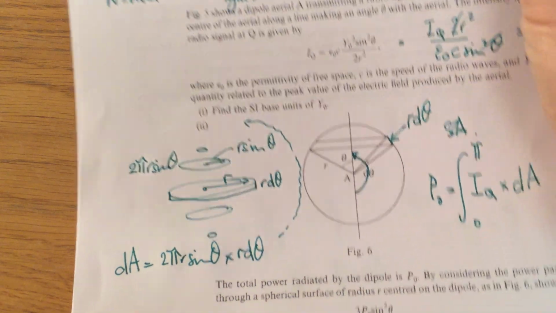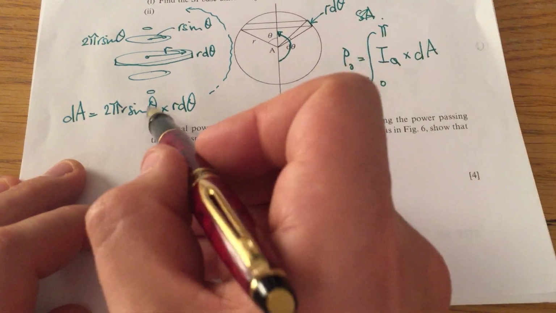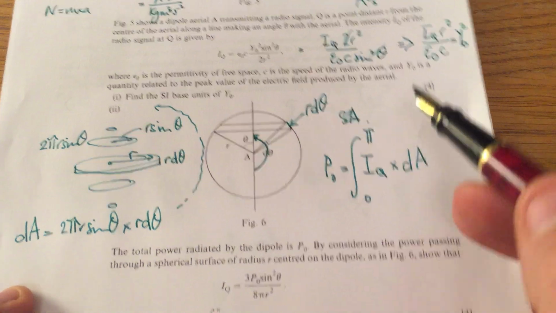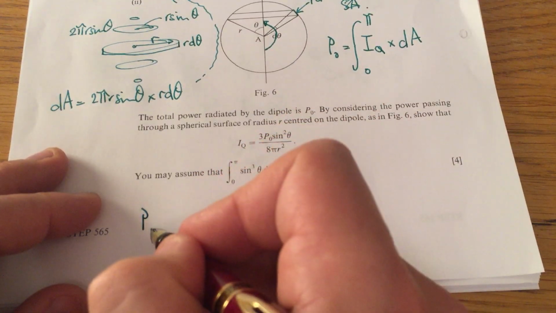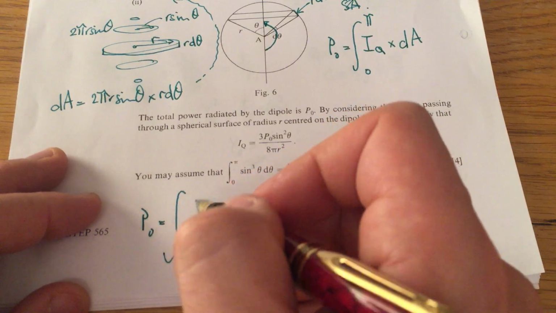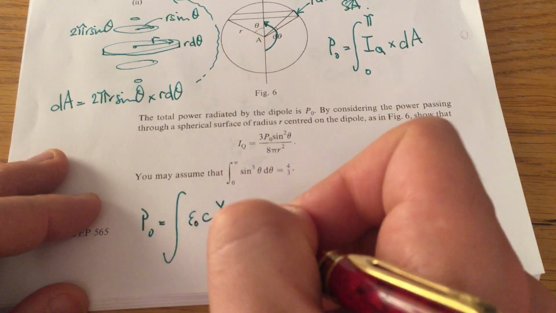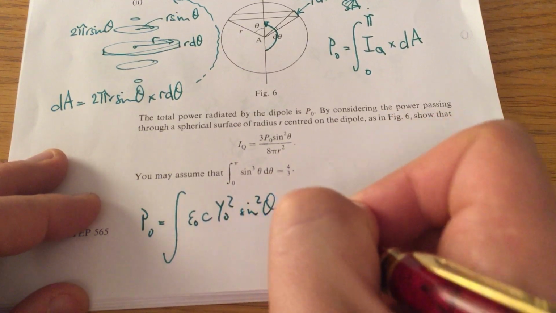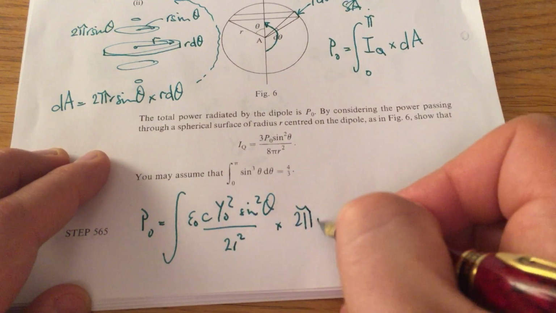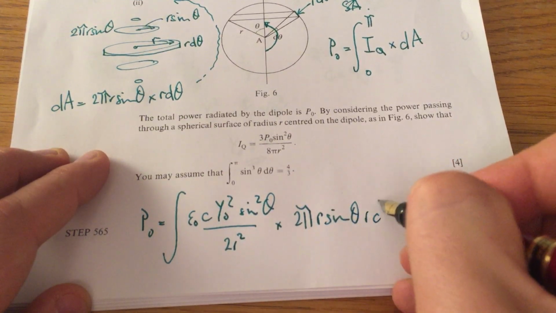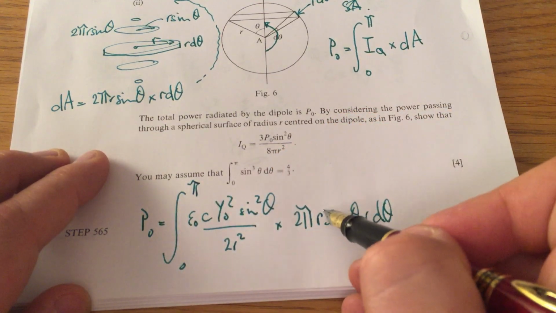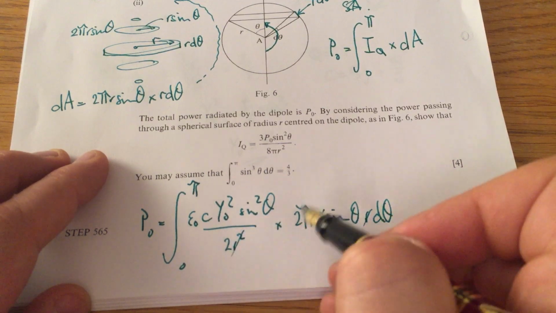Let me just write down the entire equation then. So I need to substitute this here into there, and obviously this I have already there, so I put them all together. So P naught is going to be the integral of, let's write this all down, E naught C y naught squared sine squared theta over 2r squared, multiplied by 2 pi r sine theta, r d theta, between 0 and pi. Luckily, these cancel out with that.